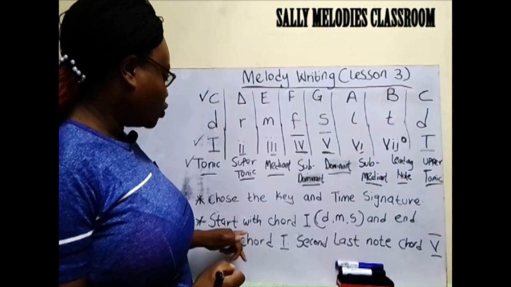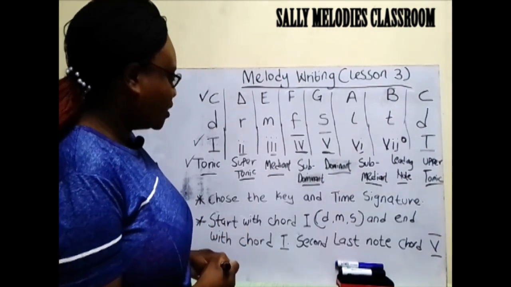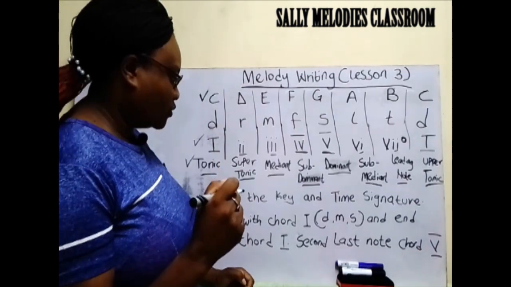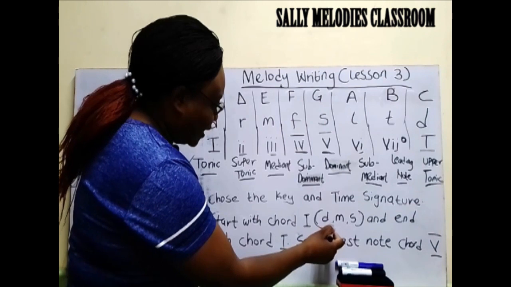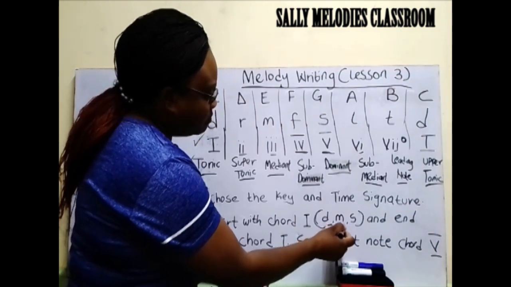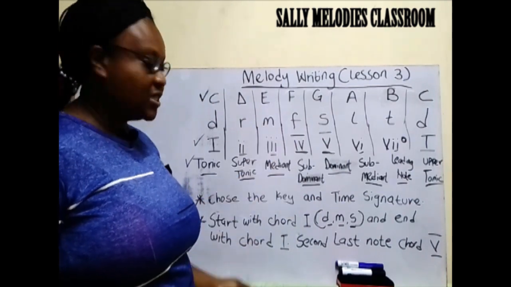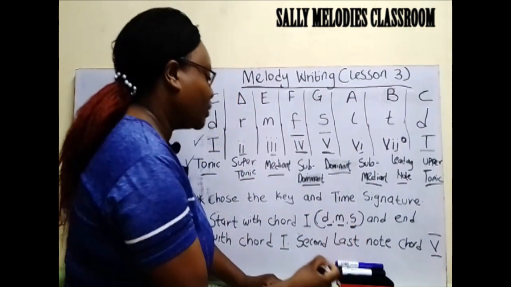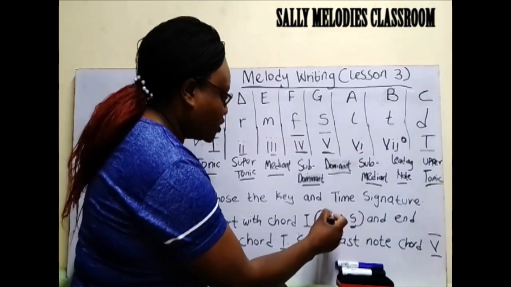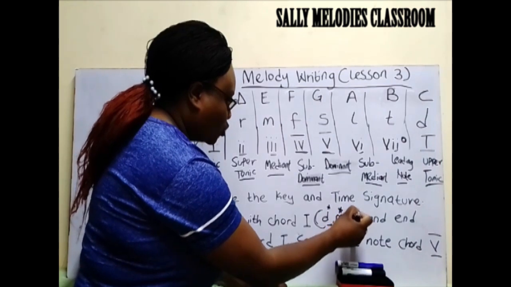Now, number 2, what am I saying about this second point? I'm saying when you are writing your song, the members of chord 1 are either do, mi, or so. When we are making the triads, we are going to look at them. So ensure that your song either starts with do, mi, or so.